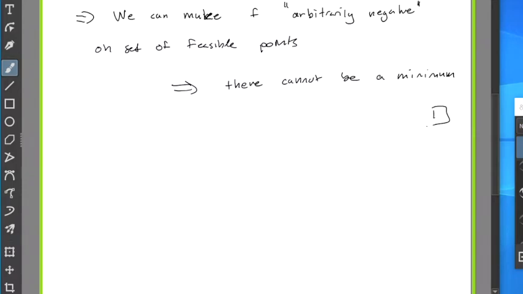A point which I want to make is that this example shows us that it's relevant to think about whether minima exist. If we would just start calculating using the Lagrange criterion to find the point where the minimum occurs, we would find the same point as in the previous calculation.